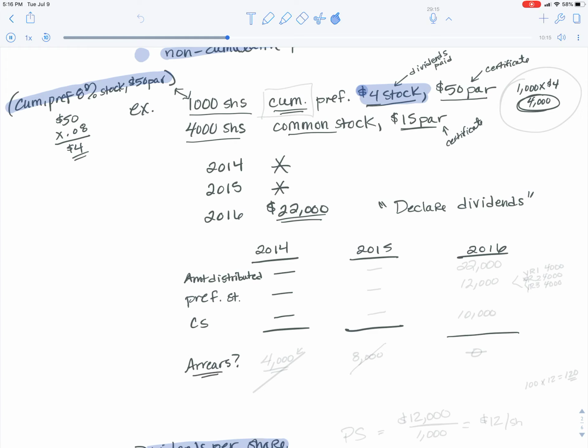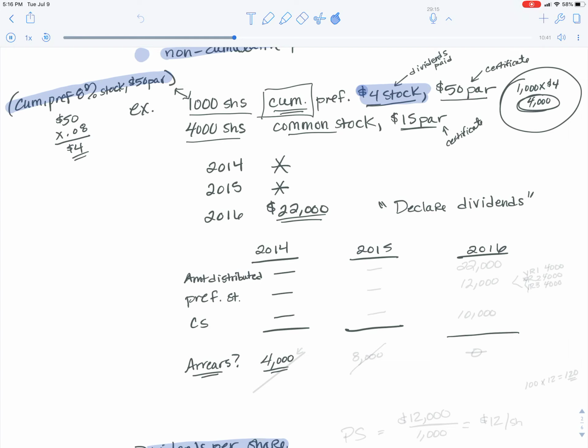So then we need to determine how much dividends are in arrears. Arrears just means how much are we going to owe in dividends later. Well, up here we calculated that the preferred stockholders are supposed to accumulate, so cumulative, $4,000 every year. So even though they didn't get any, they are going to accumulate that $4,000 and get it later.